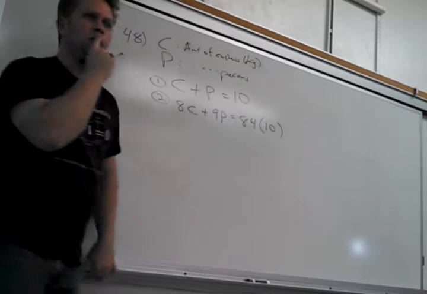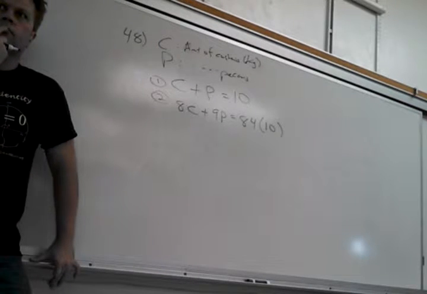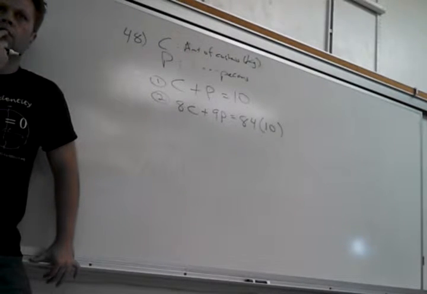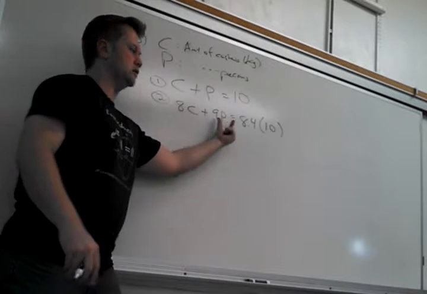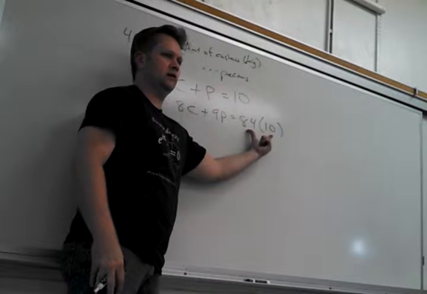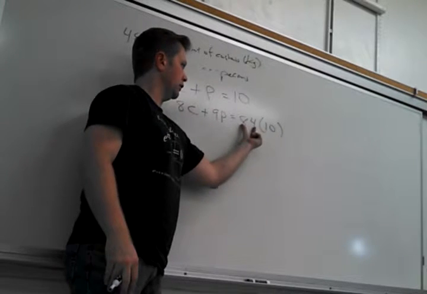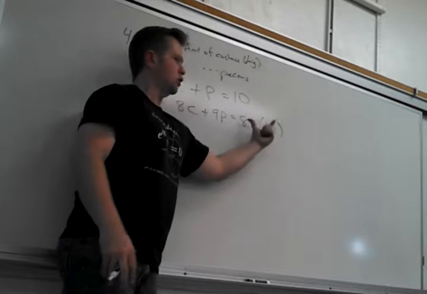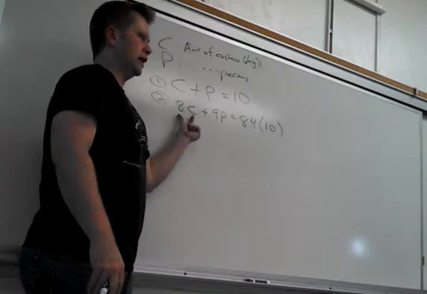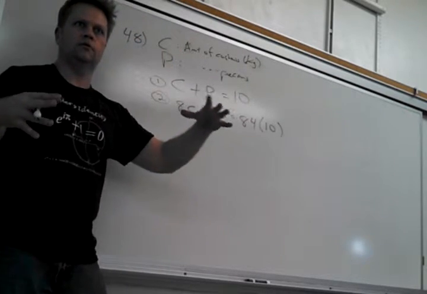Good, that's the part where people forget. The total cost for the cashews plus the total cost for the pecans must be the total cost for the mix, 8.40 per kilogram at 10 kilograms. So the two sides of your equation have to match up in units.